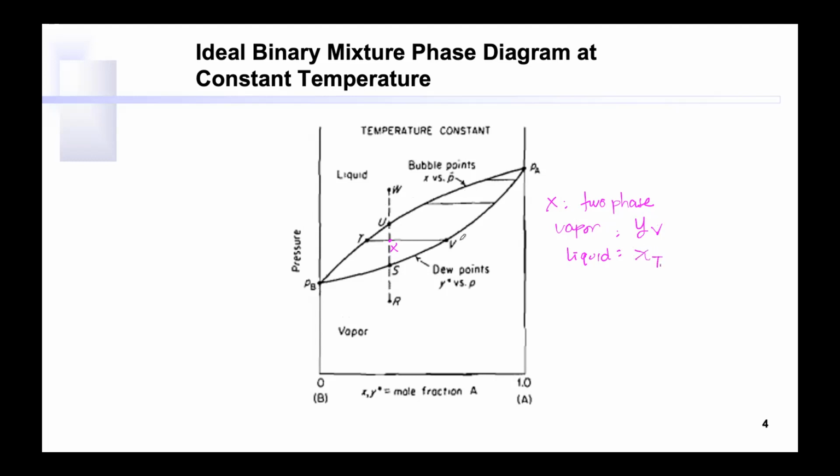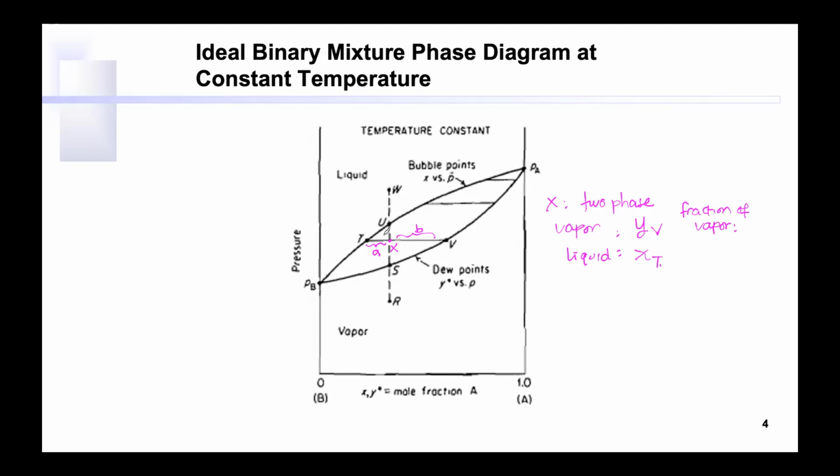Okay, and then how about the amount? The amount of vapor. Because this is vapor, we're going to use the lever rule. So the amount of vapor is this one, the jumlah ini. If this is A and this is B, then the fraction of vapor would be the lever rule, or the yang berseberangan ya.